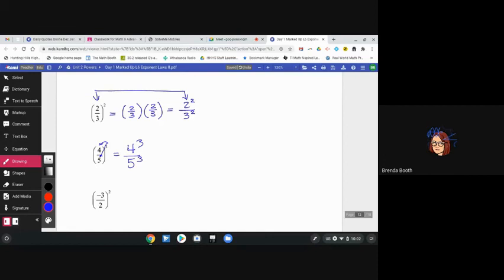So if this was a question where I was evaluating, it's probably easier to look at it as these 2 separate powers. So I could figure out, well, what is 4 to the power of 3? And I think that's one that we probably should know by now. So 4 to the power of 3 is 64. And same thing with 5 cubed. I think that's a number we already know.